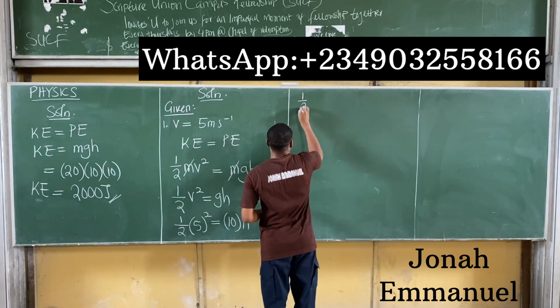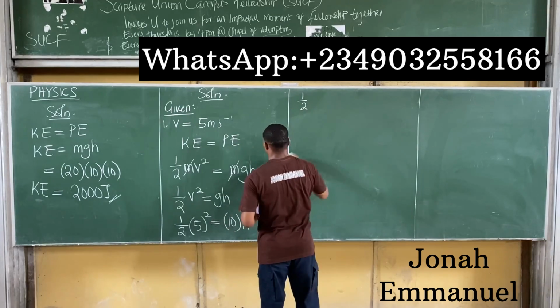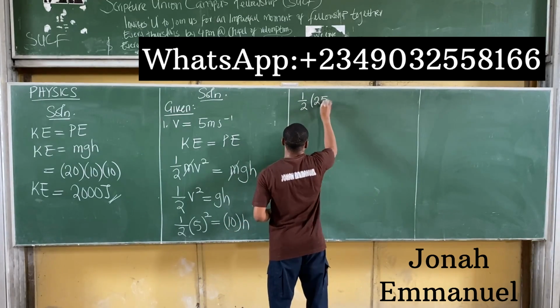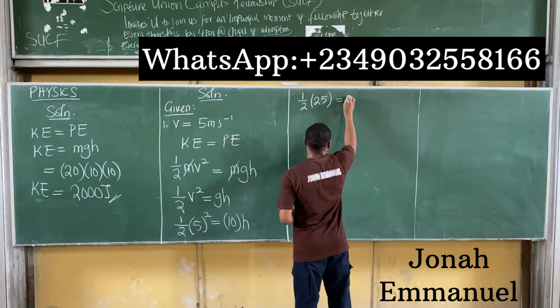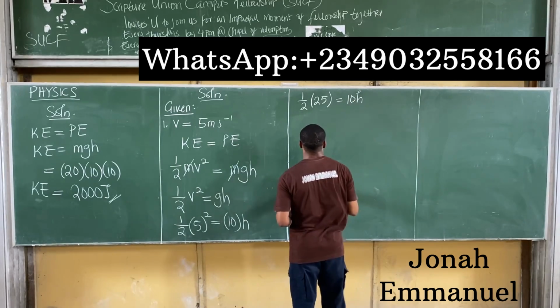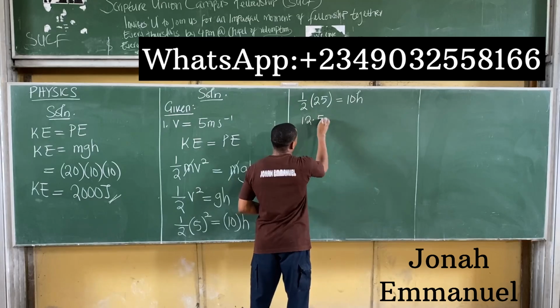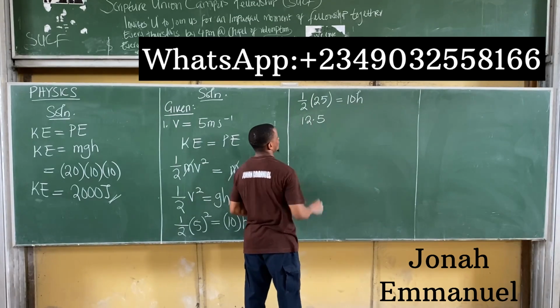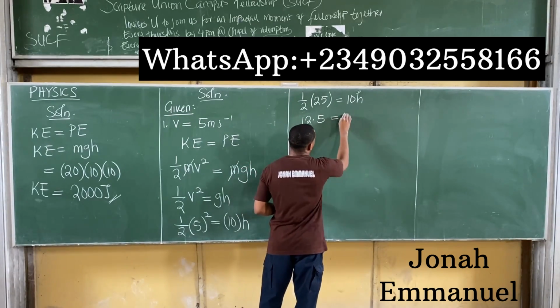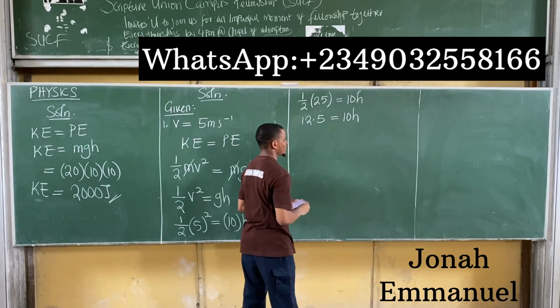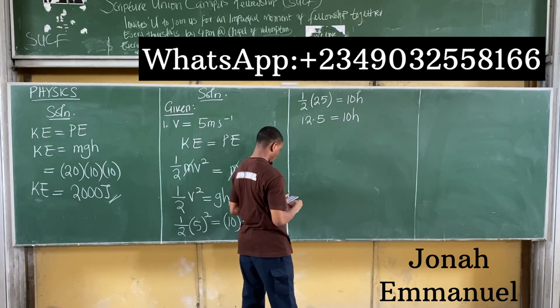That becomes half times 5 squared, which is 25. So half of 25 is equal to 10h. Half of 25 is 12.5, which is equal to 10h. To get h, I'll divide both sides by 10.